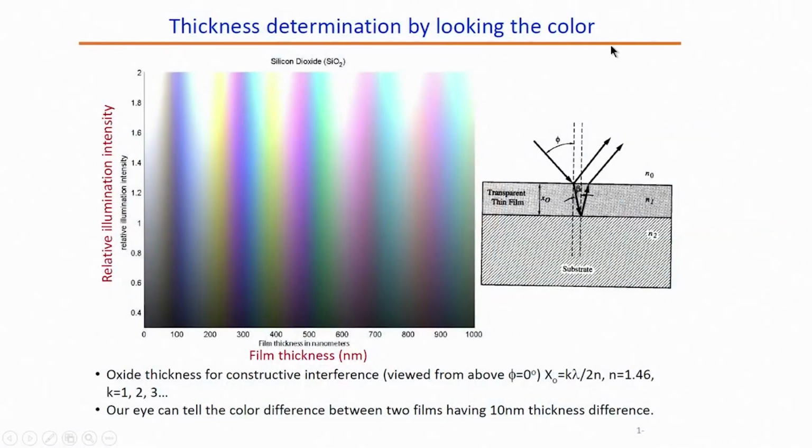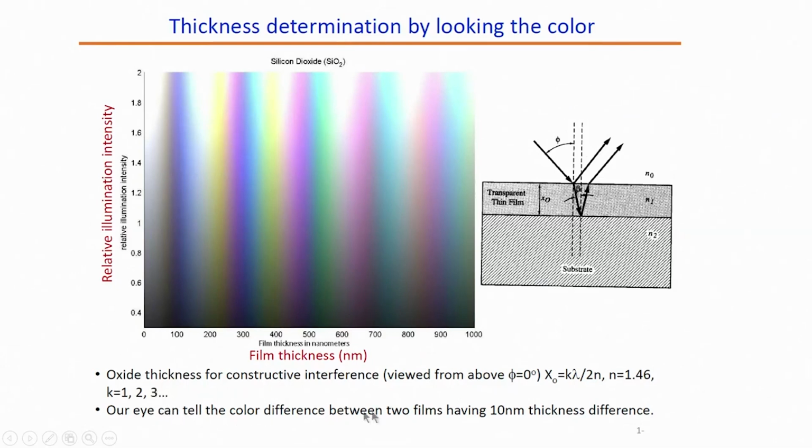So, you see here the thickness determination by looking at the color, relative illumination intensity, right. When you grow silicon dioxide you can very clearly see this because of the transparent thin film. The oxide thickness for constructive interference viewed from about angle 0 degree is x0 equal to k lambda by 2n, n equals 1.46 for k equal to 1 to 3.